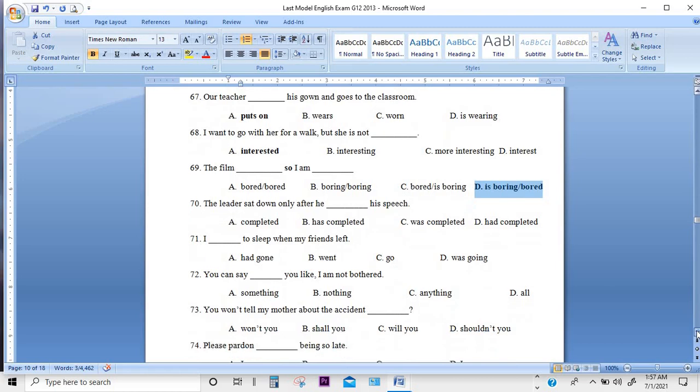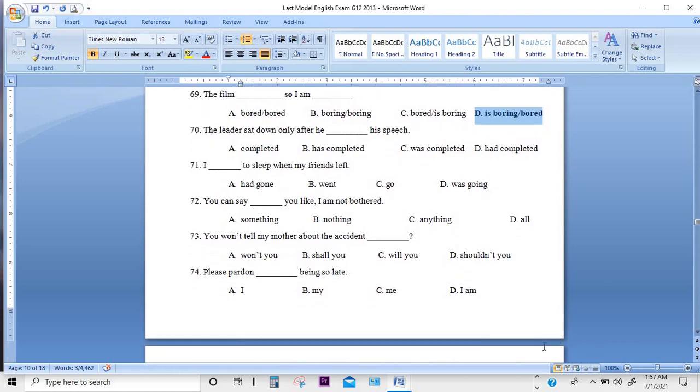Okay, question number 17. The leader sat down only after he dashed his speech. The leader sat down, that's a past tense. Completed, has completed, was completed, had completed.